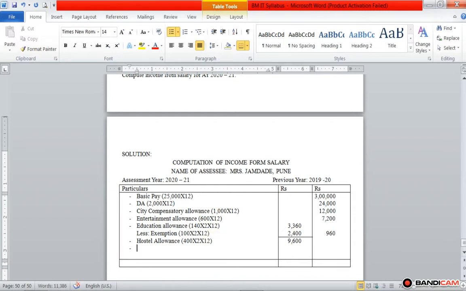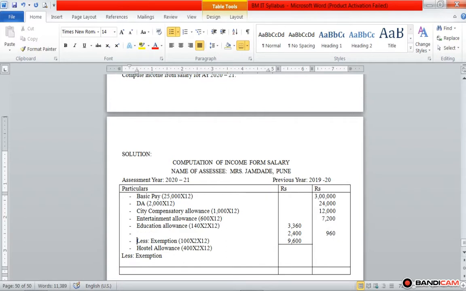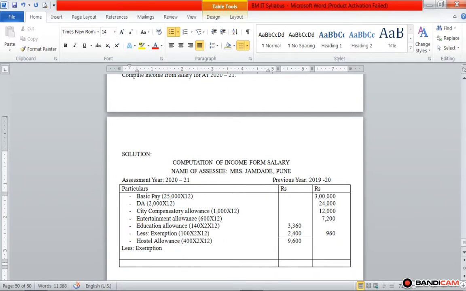9600, then deduct less exemption. So the exemption is 300 rupees per month per child, maximum for two children, so multiplied by 2 multiplied by 12.